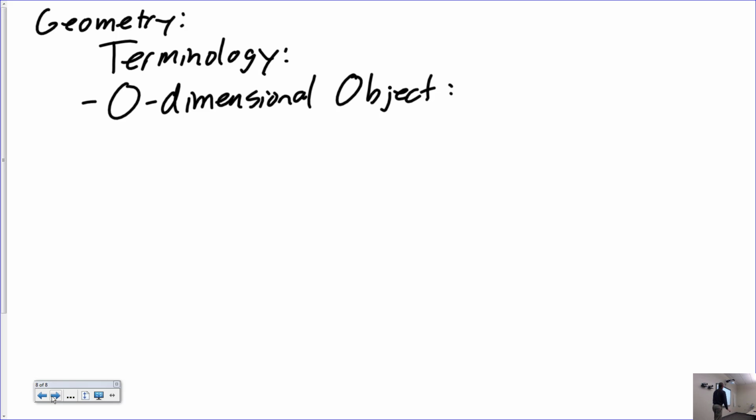So in geometry, we have a zero-dimensional object. The zero-dimensional object for us, folks, is a point, okay? So if you were asked to describe a point, you can just say it is the zero-dimensional object. Not that that's important, but this is just to set the table, all right?